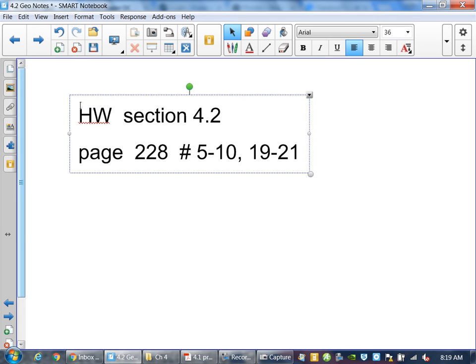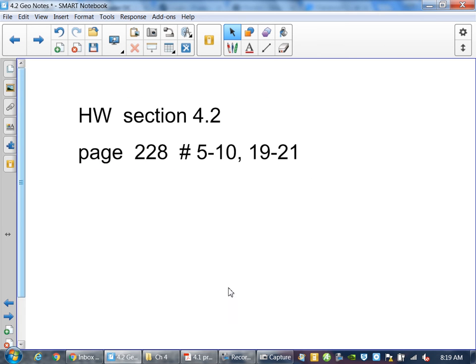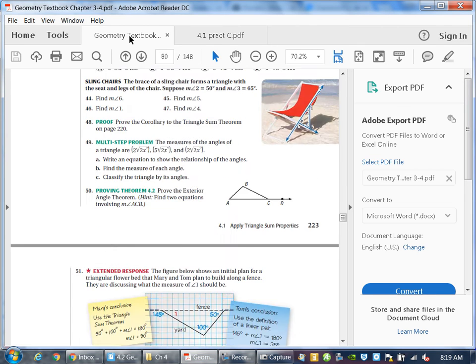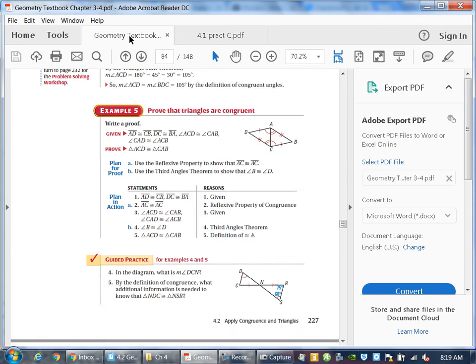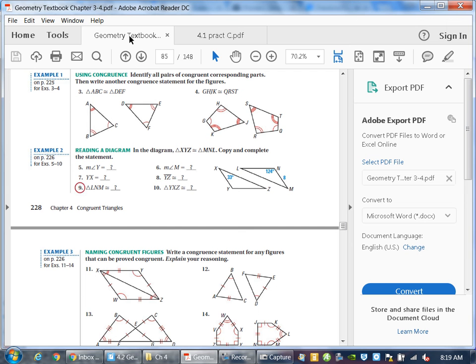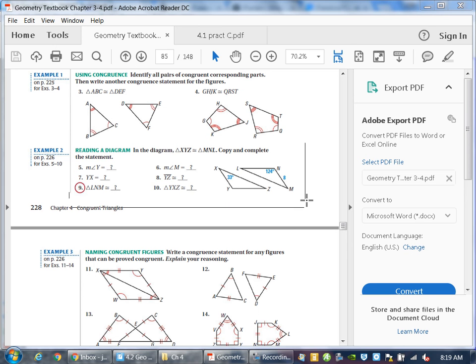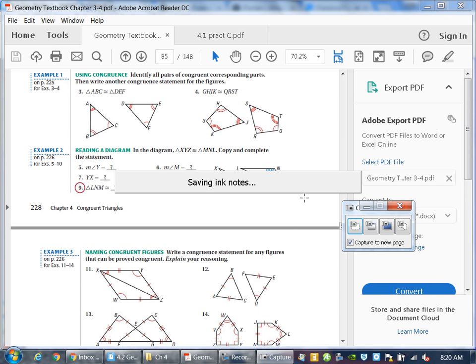All right, we'll do those. I'll pull this up here in a second for you guys. I'm just moving it up here so the ones that don't have their books in front of them can start this. 5 through 10 and something else, I think it was 19 through 21.